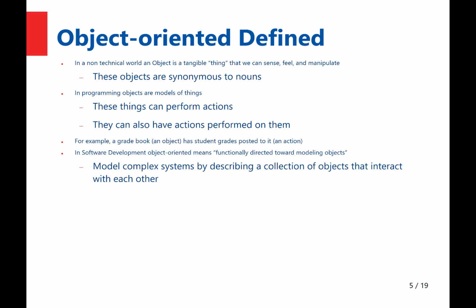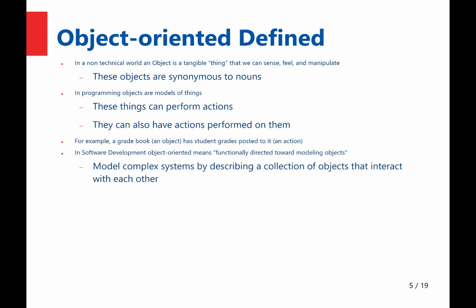Object-oriented defined. In a non-technical world, an object is a tangible thing all around us. Since we were kids, we see objects and we deal with objects, and we've just never related objects to a technical context. So these objects are synonymous to nouns. In programming context, objects are models of things. These things can perform actions, and they can also have actions performed on them.